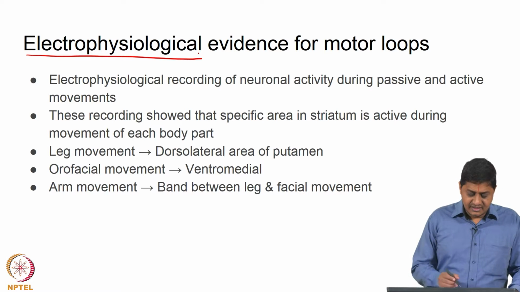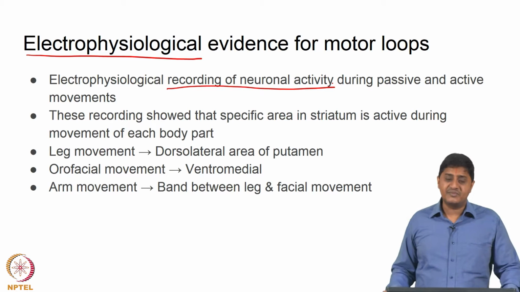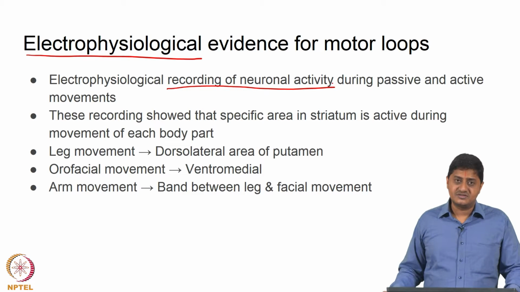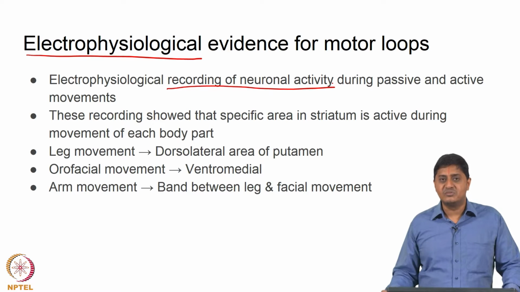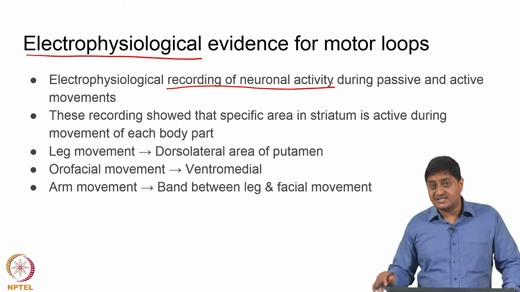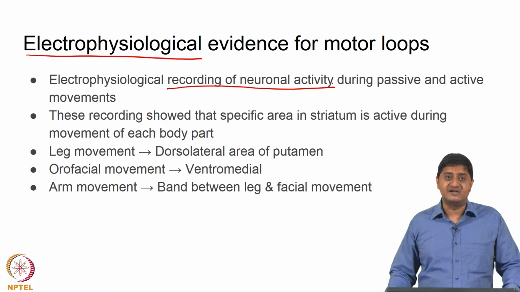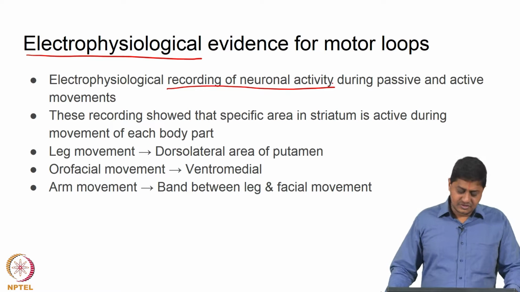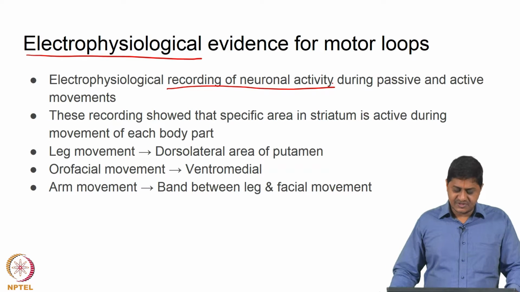What is done here in electrophysiology is recording of neural activity during passive and active movements, right. So, when the monkey's arm is moved passively by say a robot, what is the response in the basal ganglia, or when the monkey itself is volitionally making the same movement, what is the activity in a specific region within the basal ganglia, right. What this has shown is that a specific area in the striatum is active during movement of a specific part of the body.